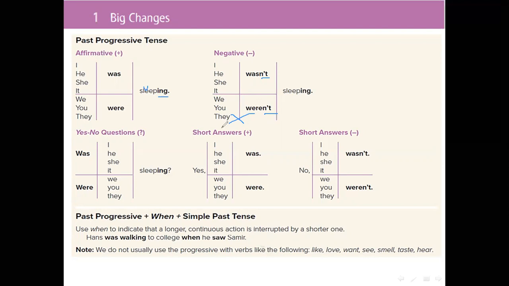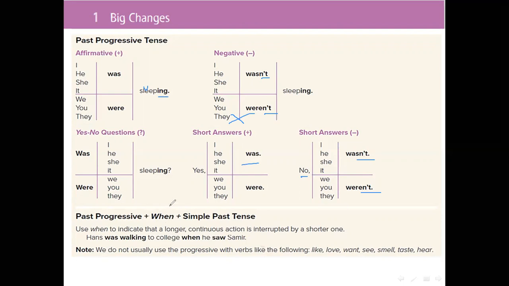Was he sleeping? Were you sleeping? And don't forget the question mark. Yes, I was. Yes, he was. Yes, they were. But if you say no, we should add not after was or were. No, I wasn't. No, she wasn't. No, you weren't.